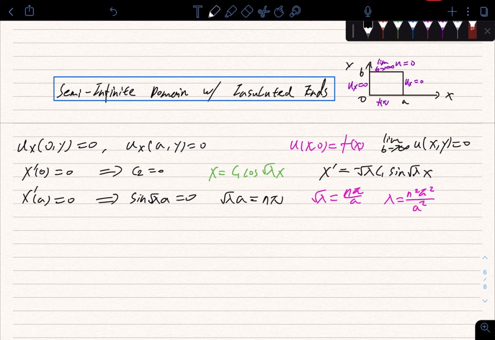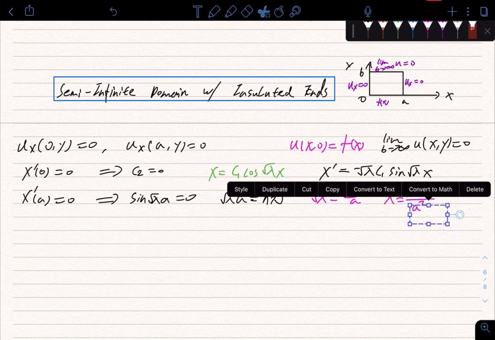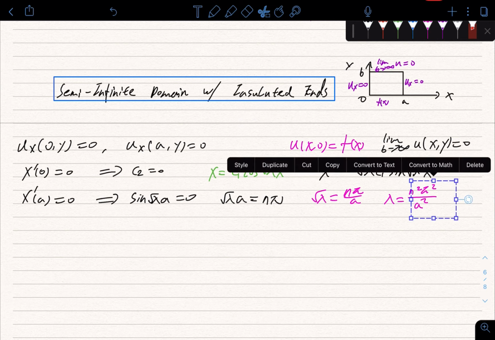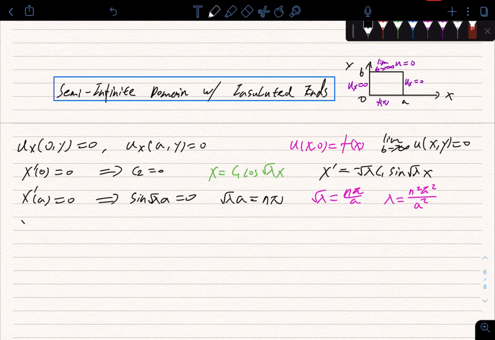Then we turn our attention to solving for y. So let's go ahead and do that. y double prime minus lambda y equals 0. That gives us r equals positive or negative square root of lambda.